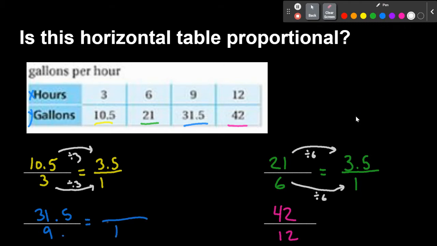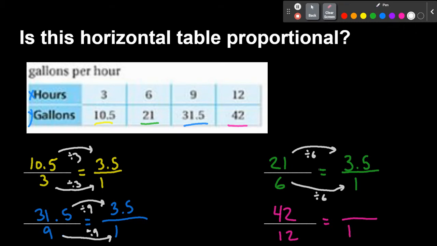We're going to get this denominator to be 1 by dividing by 9. Divide the top by 9. And 31.5 divided by 9, we find is 3.5. Oh, I'm getting excited now, guys. One more here. If we can show that this has the same unit rate as these, then we can determine that this is, in fact, a proportional relationship.